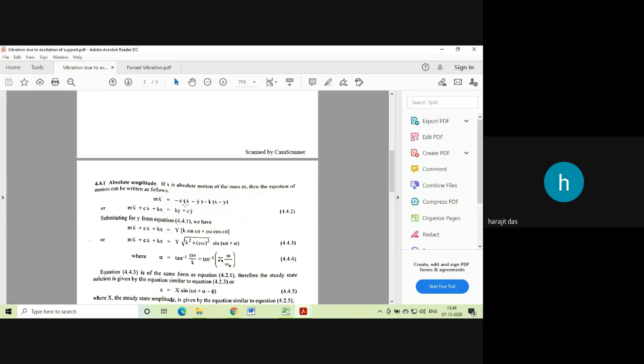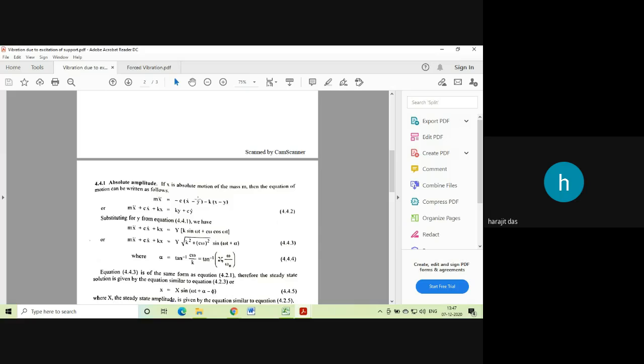The damping force is in the upward direction, so it is negative: minus c(x dot − y dot), as there are two velocities, one of the mass and another of the support. Minus the spring force, which is also in the same direction as the damping force, acting upward: k(x − y).